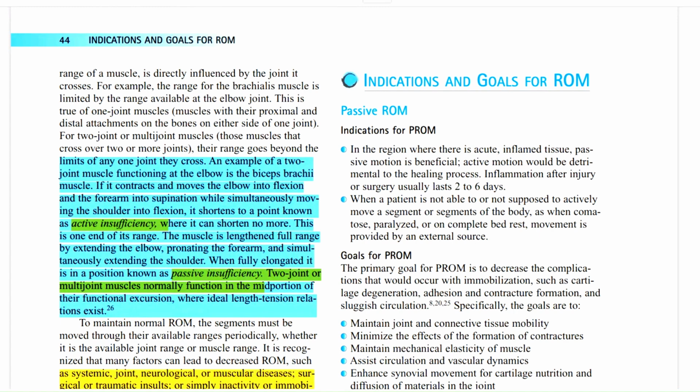We have discussed the concept of active and passive insufficiency, and you have to retain this in your memory because it is an important concept. After that, regular range of motion exercises basically prevent mobility loss and aid in tissue healing. And range of motion is different from stretching and joint mobility.